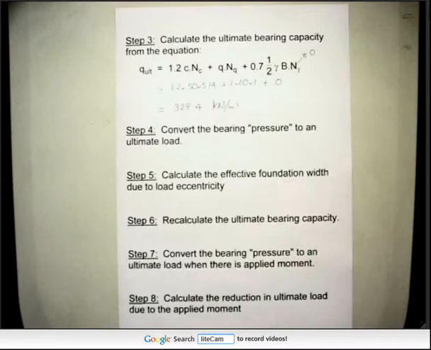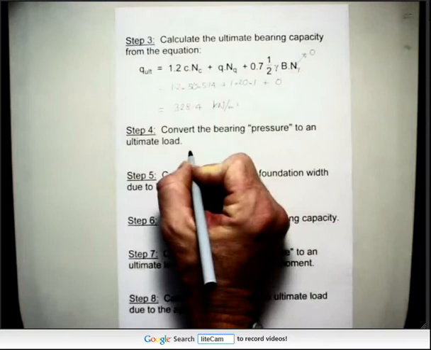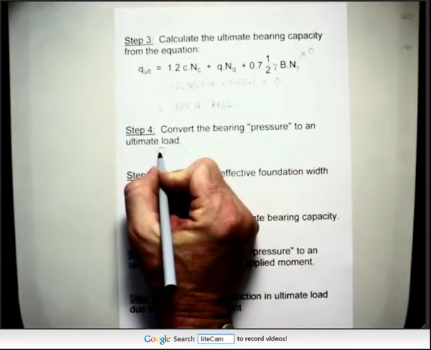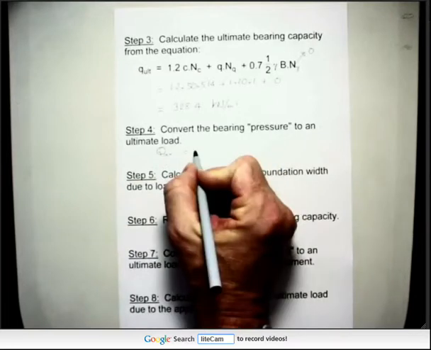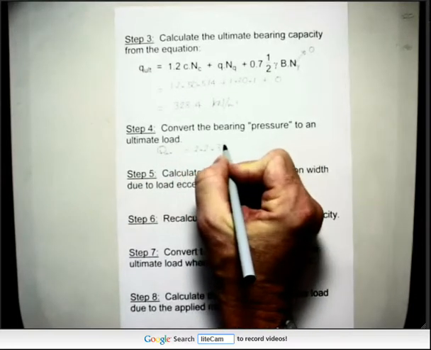No ideas? Might try multiplying by the contact area, wouldn't you? So we're saying the ultimate bearing pressure, so we'll call it Q ultimate, equals 2 times 2 times 328.4.